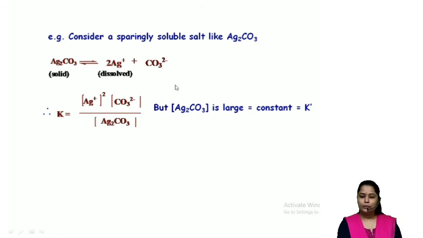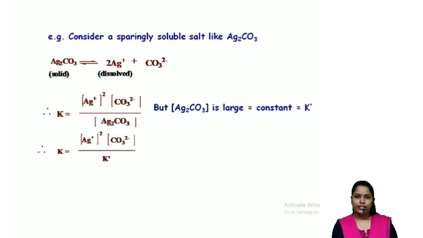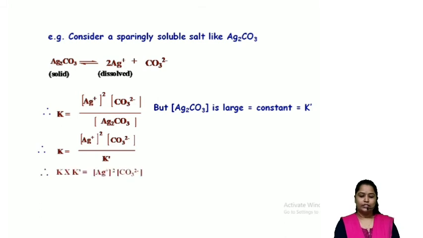Therefore, in place of the concentration of Ag2CO3 we write K'. So K, the dissociation or equilibrium constant, is equal to [Ag+]^2 [CO3 2-] upon K'. Again K into K' is equal to [Ag+]^2 [CO3 2-].